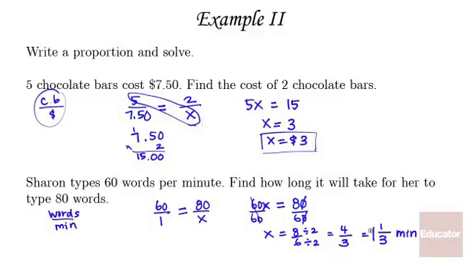Okay. Now, if you have a problem like this on your homework or at school, it depends on how your teacher wants it, but you can change this to a decimal, or since it's minutes, you can take this fraction, it's 1 whole minute and then some seconds, right? 1/3 is part of a minute, so you can figure out how many seconds by doing 60 divided by 3, which gives you 20.